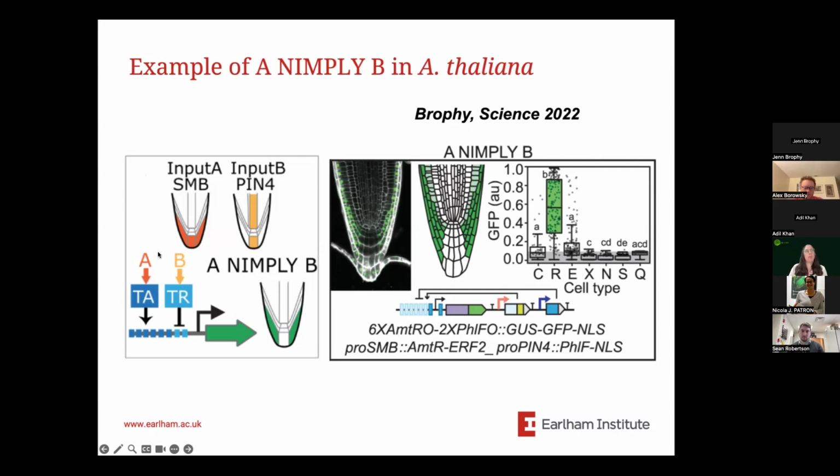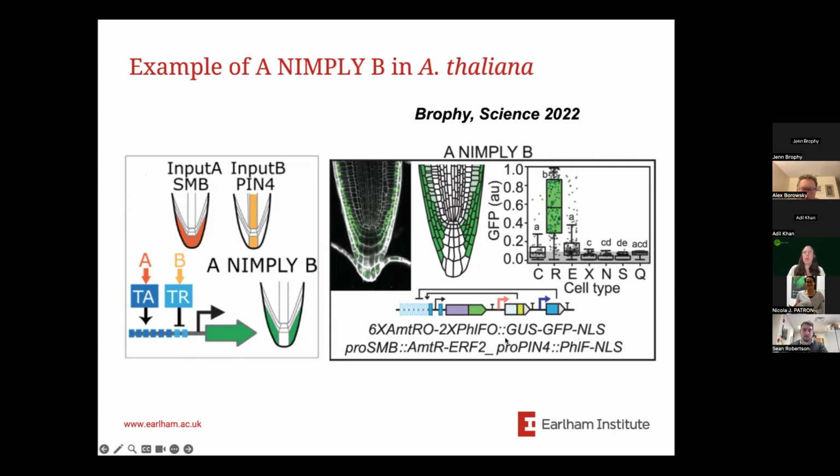And you can see from those very simple diagrams that I show you that, in fact, the design is quite a bit more complex. You have here the synthetic promoter with the different binding sites, the output gene here, and you also need to express the transcriptional activator and transcriptional repressor.